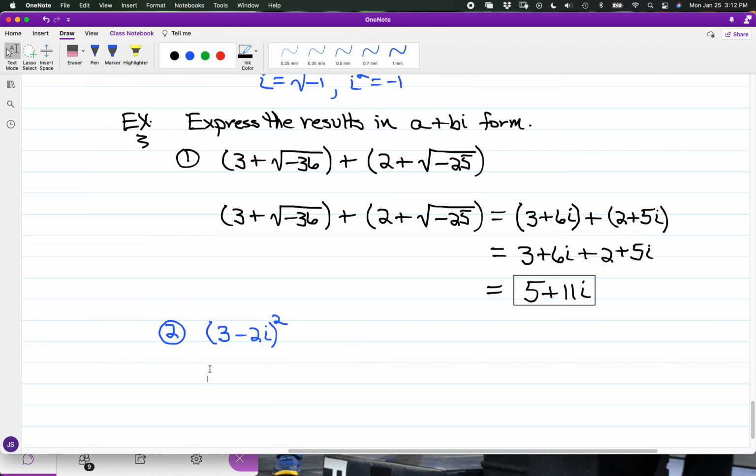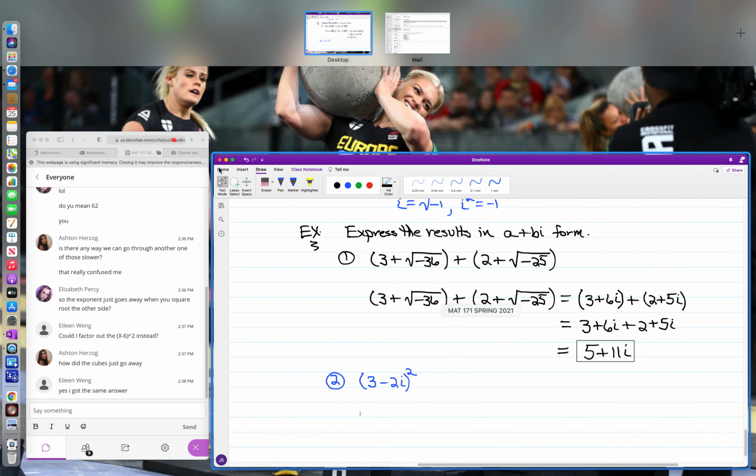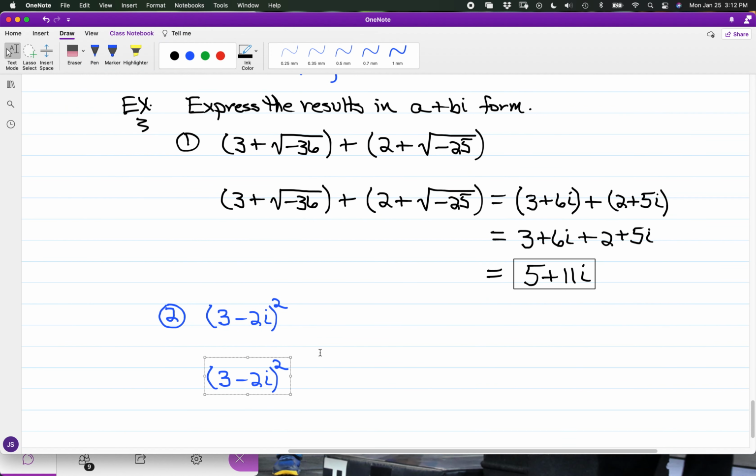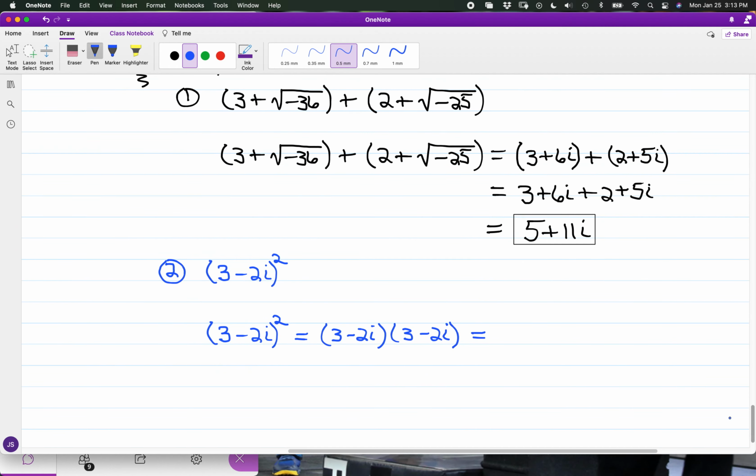Okay, so for the square of 3 minus 2i, this will reference 3 minus 2i times itself. Now, while we are dealing with complex numbers, we can still apply the FOIL.